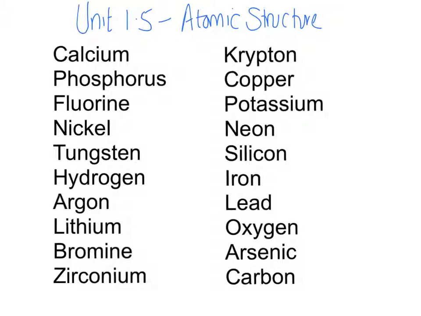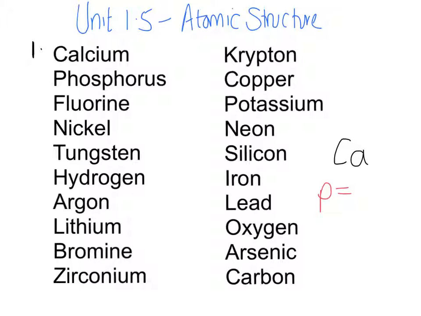So the first example is calcium. So write number 1 is calcium. And in your notebook, you'll then write the symbol of calcium, which is Ca. And beside it, write number of protons equals, and then look to your periodic table.